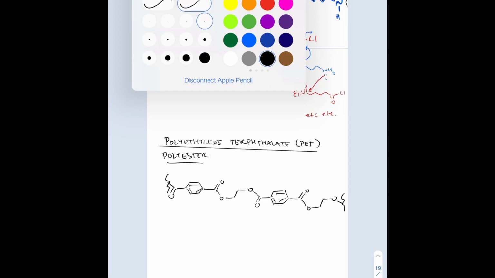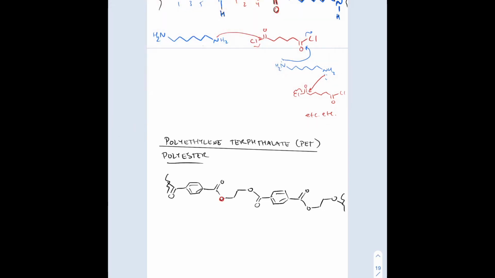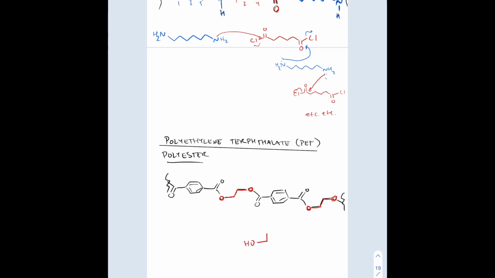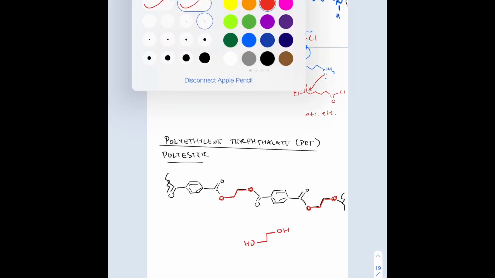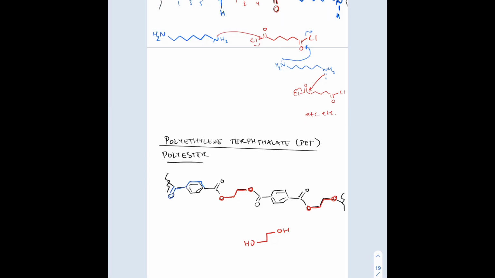An ester typically starts from a carboxylic acid, and in the presence of acid as well as an alcohol, we can form an ester. So if we look closely, we have our carbonyl group right here. This is going to be the source of our carboxylic acid, as well as the red unit, which would be the source of our alcohol.